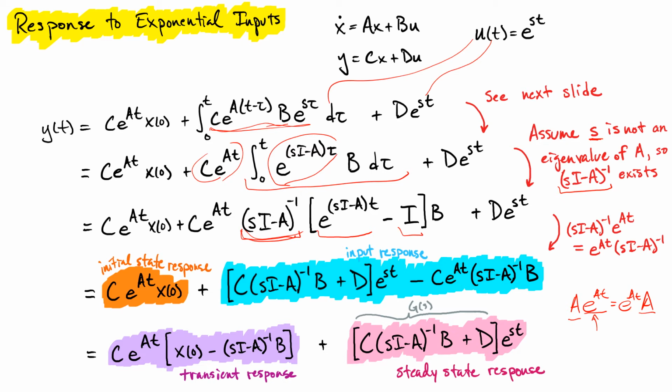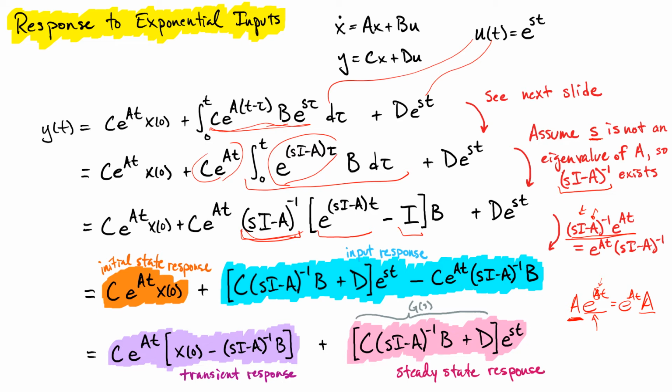So this is a special case where the matrix commutes with this exponential, where that same matrix is in the exponent of the matrix exponential. So that gives us the opportunity to commute this. This particular case works because it's not only the matrix A, but it's also the identity, and so that's what makes that particularly easy.